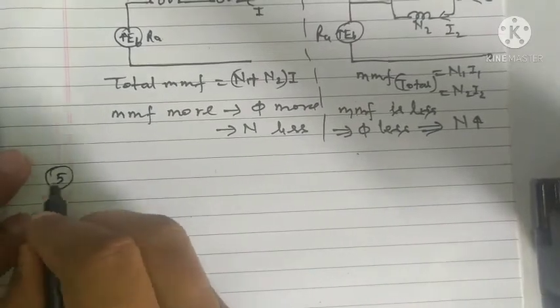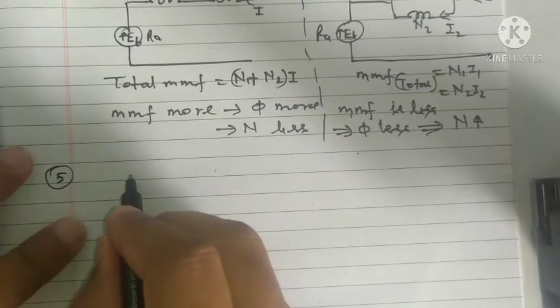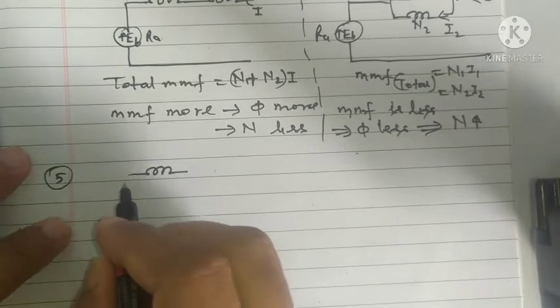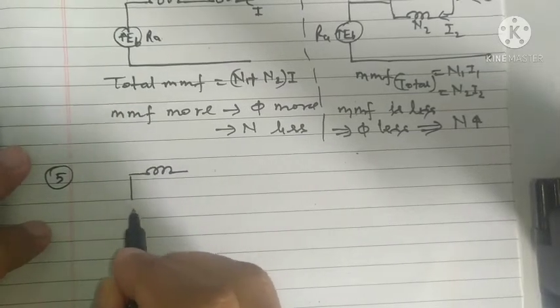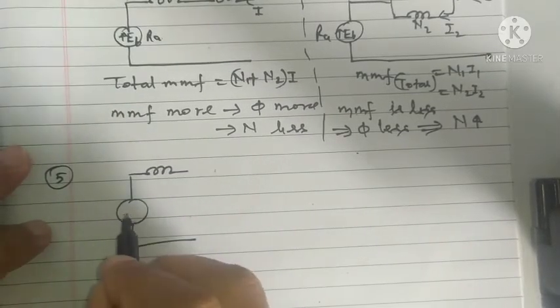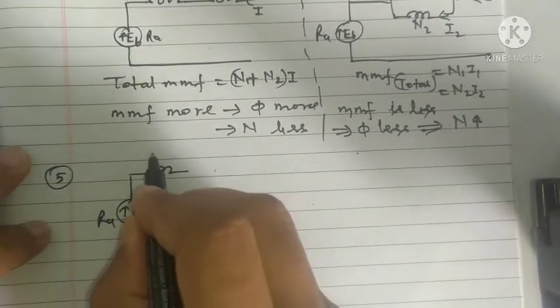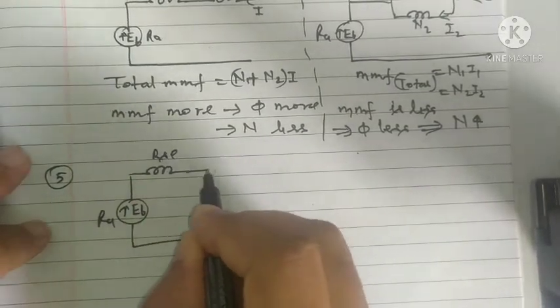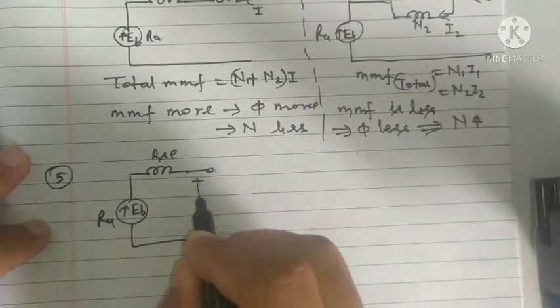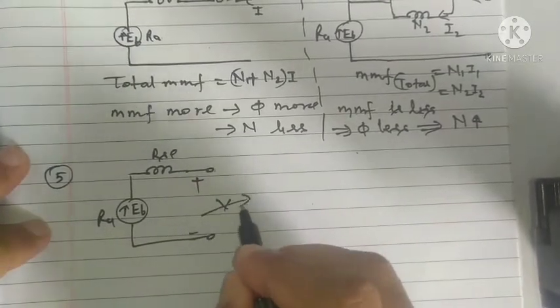Last method is voltage control. Voltage control is like this. We have EB, RA and there is RSC, and the supply voltage is varied.